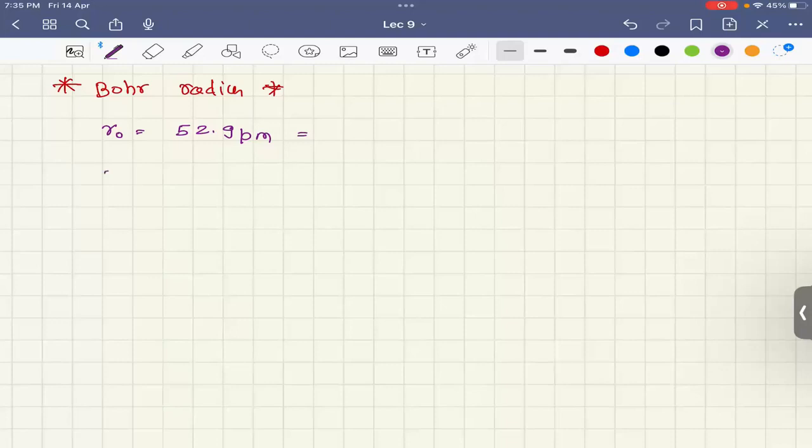And the expression for the nth orbit's radius comes out to be n square h square divided by 4 pi square m e square z.